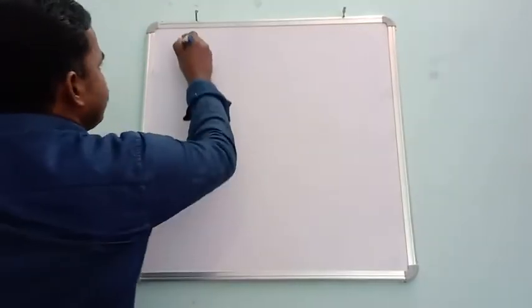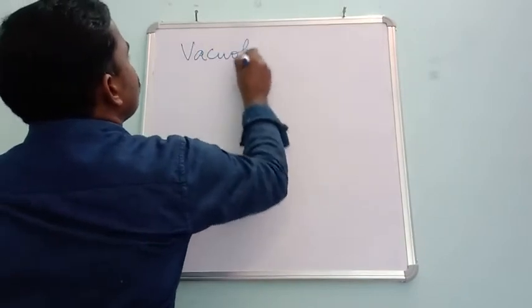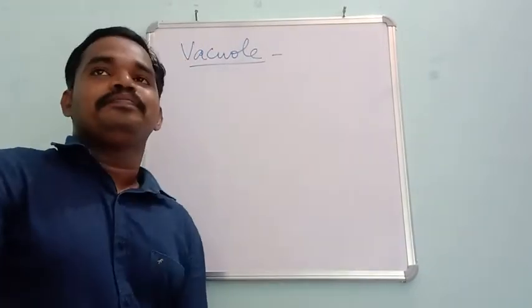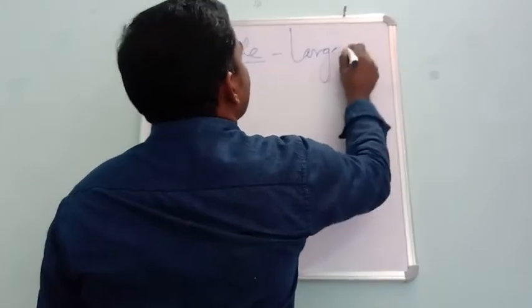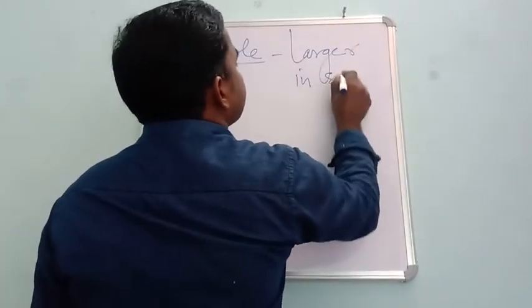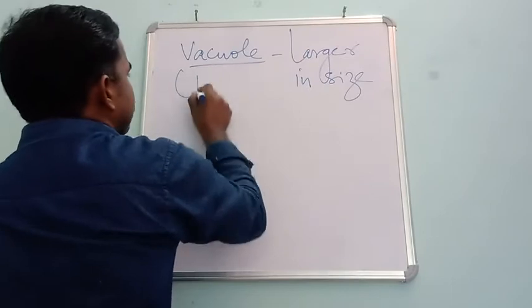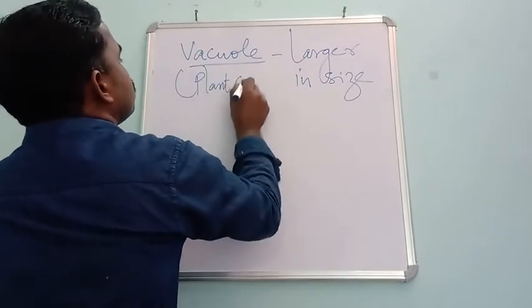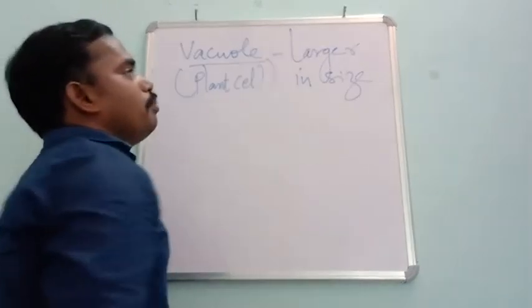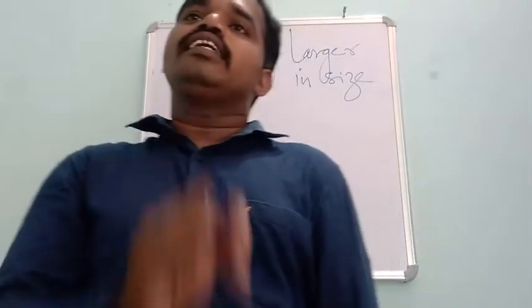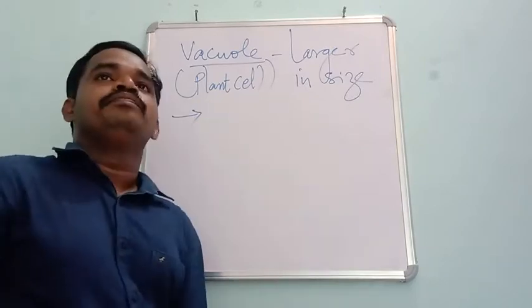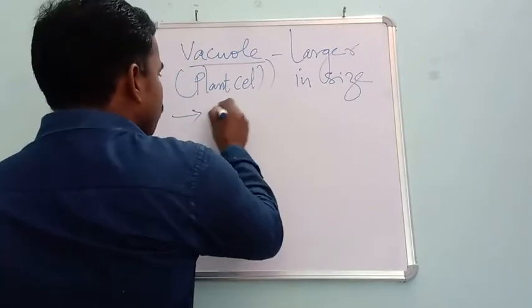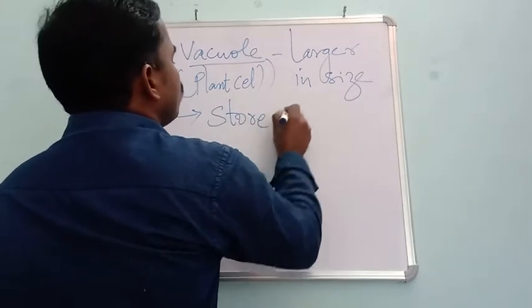Now you know the nature of the vacuole. In plant cells, the vacuoles are larger in size. And what is the function of the vacuole? The main function of the vacuole is to store food material, water, and waste material.